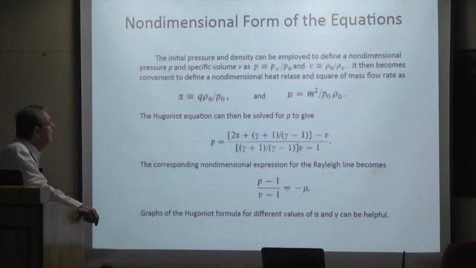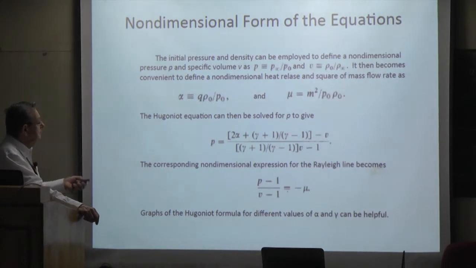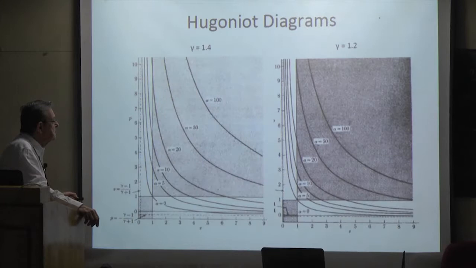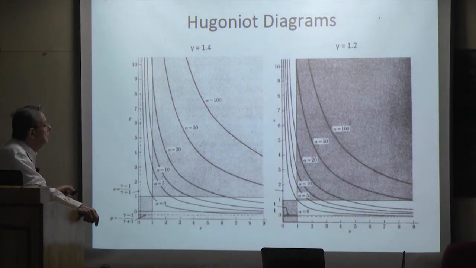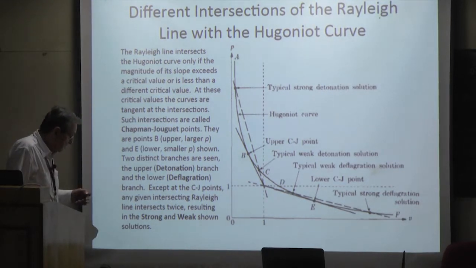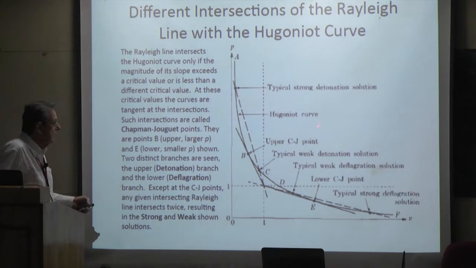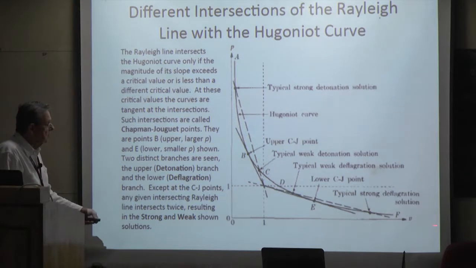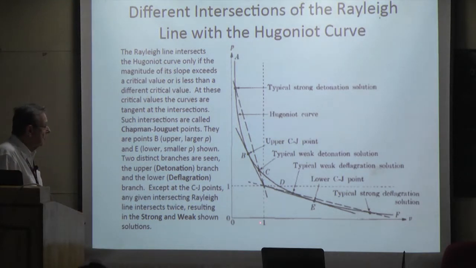In that PV diagram, it's nice to get explicit results by making simplifications so you can write down explicit formulas for Hugoniots. But the main thing is that the final result comes out, and now this is non-dimensional pressure over initial pressure against specific volume over initial specific volume, in the PV diagram.